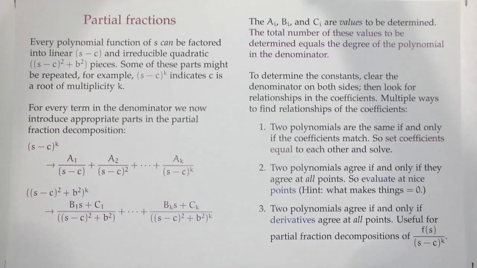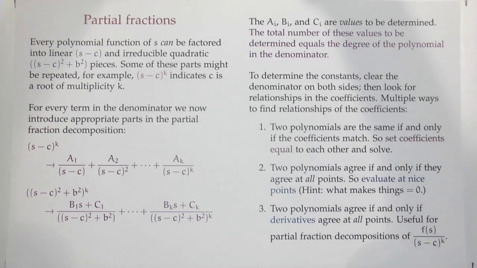And once you have that, you start asking what has to be true about two polynomials if they're equal. Well, one thing is they have to have the same coefficients. So you set your coefficients equal to each other and solve. That leads to a system of equations. Maybe 2 equations, 2 unknowns, maybe 8 equations, 8 unknowns. It just depends on how many unknowns you have to solve for.